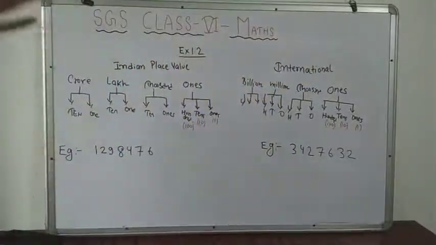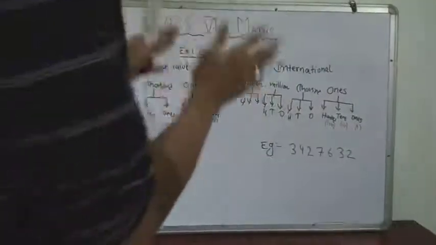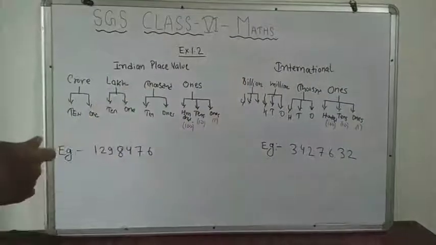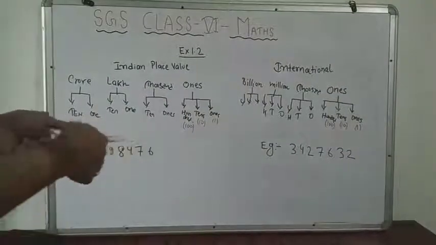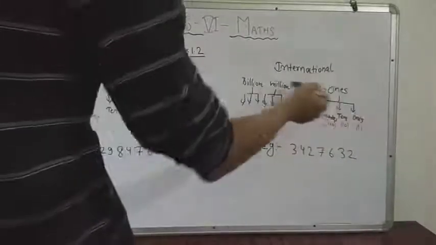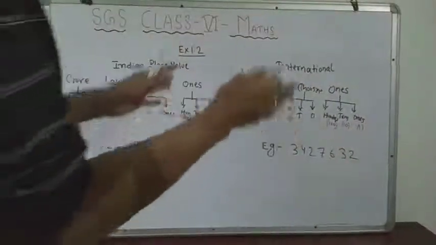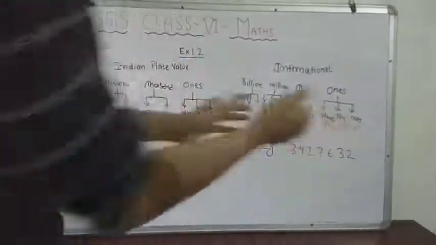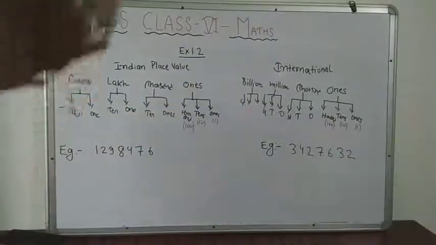So it is very important for you to know the place value names. After you learn the place value names, you have to apply this knowledge to the number. How can you do it?